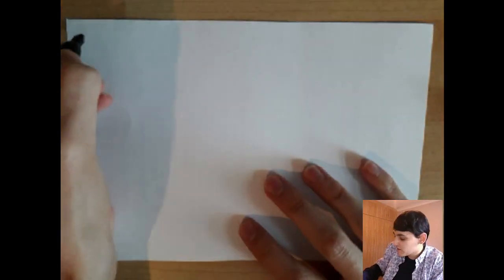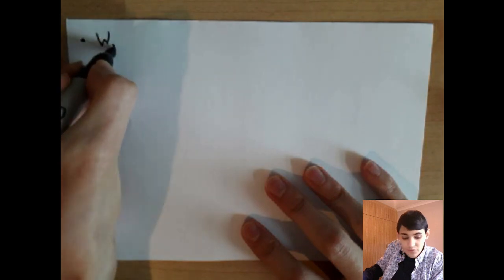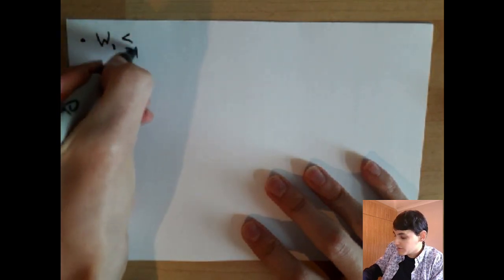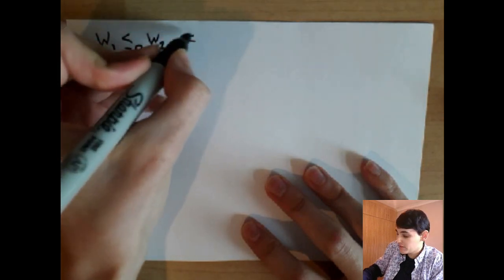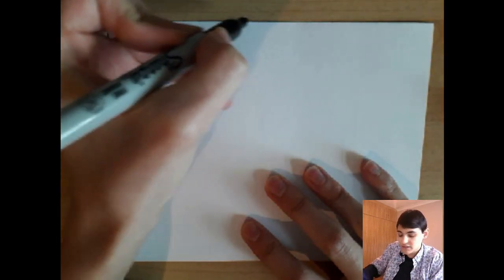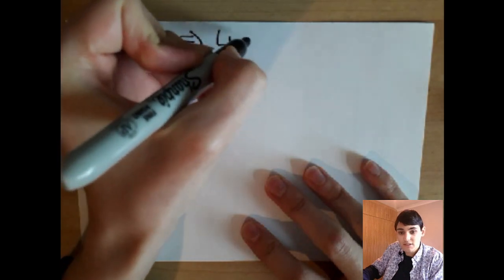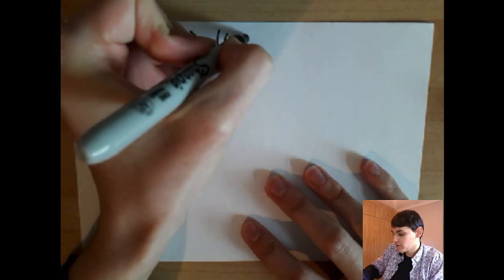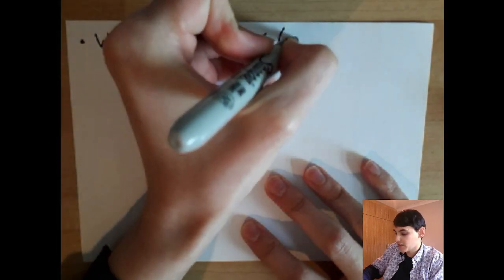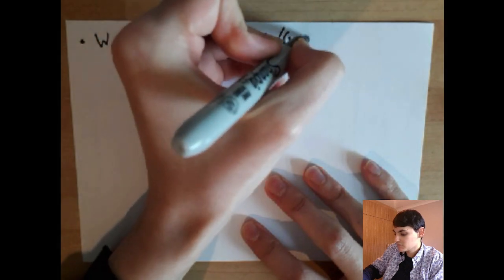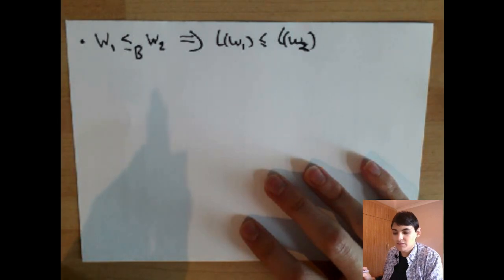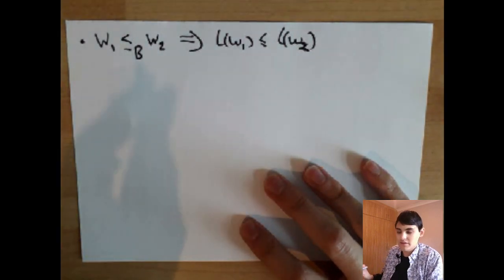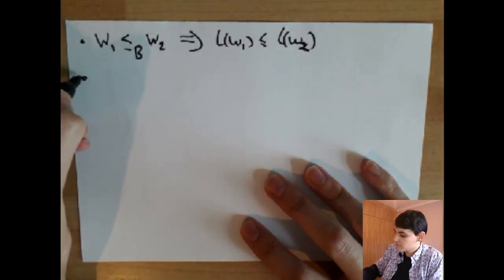The first thing that we notice is that if we've got W1 less than or equal in the Bruhat sense to W2, then this implies that the length of W1 is less than or equal to the length of W2. That's one of the things in the definition.